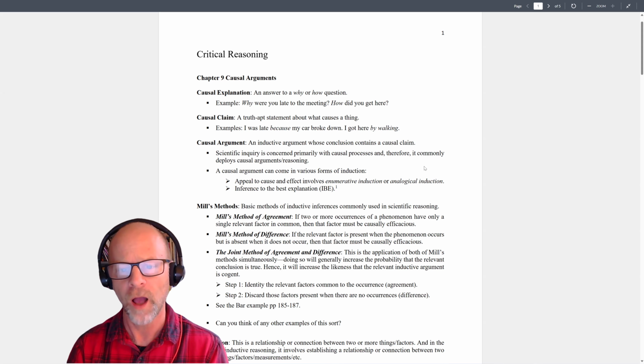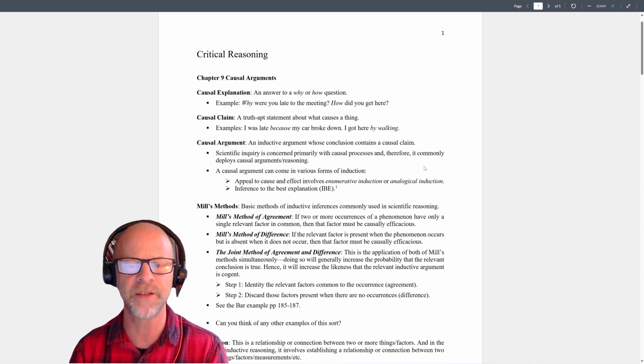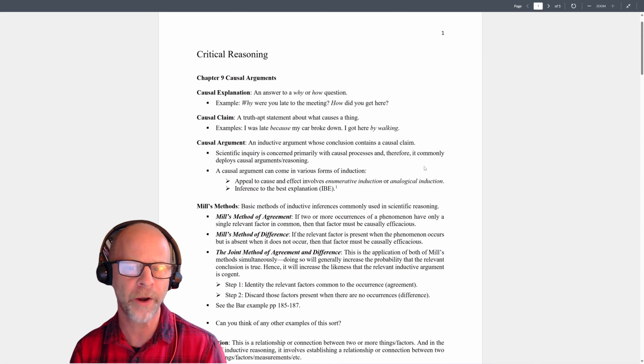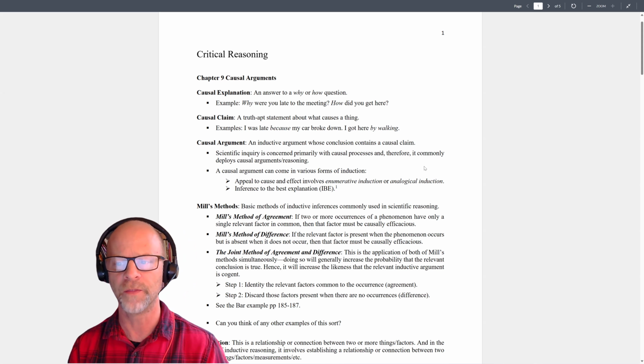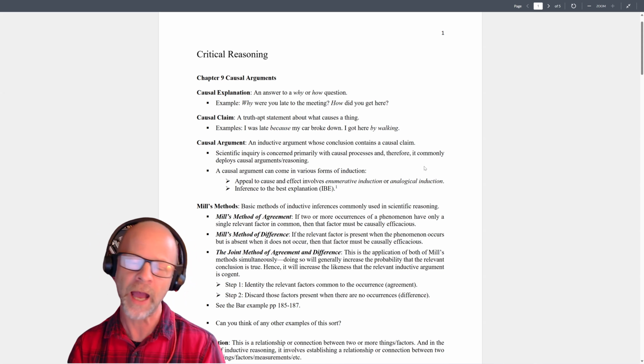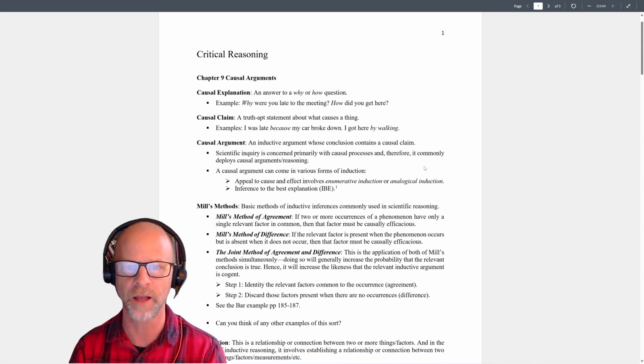But for now, we should consider these causal arguments as applying to scientific inquiry when we're concerned primarily with the causal process, right? Or whatever seems to be commonly deployed as a causal element in the argument or in the reasoning that's involved.